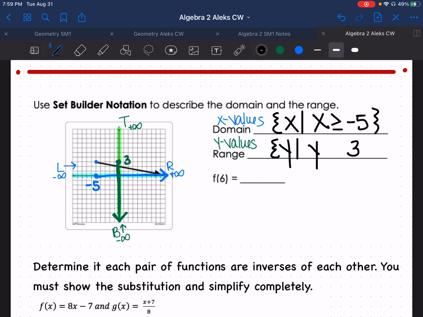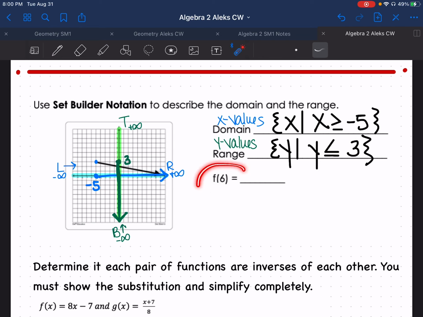Leave space to decide, is it less than or greater than? Remember, the infinity is going to tell you. Negative infinity is always less than. Positive infinity is always greater than. So since I see it going towards negative infinity, I'm going to use less than. Since the 3 is closed, I'm going to put my bar underneath, and I'm going to finish with my squiggle.